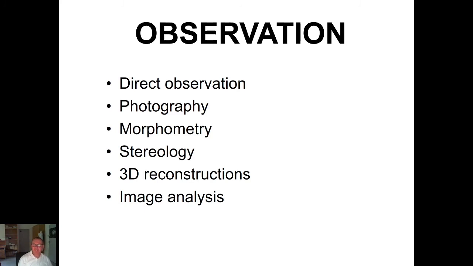Now we have digital photography, digital cameras, we have computers, special software, so we can do many things with the pictures from the microscopes, from light or electron microscope. We don't only simply photograph them, but we are analyzing them, reconstructing them three-dimensionally, and so on.